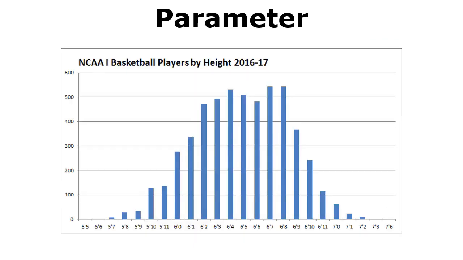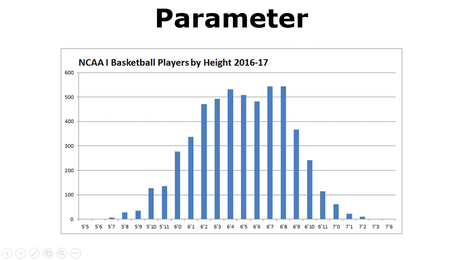So here's another, perhaps more clear, example of a parameter. This is a distribution, what we call a frequency distribution, and it reflects a normal distribution. This is a picture of the height of all basketball players playing in college in the NCAA.